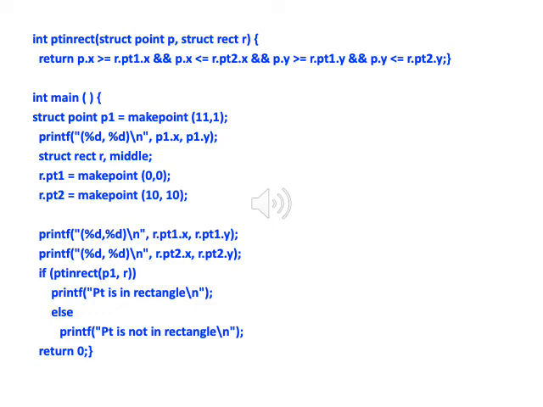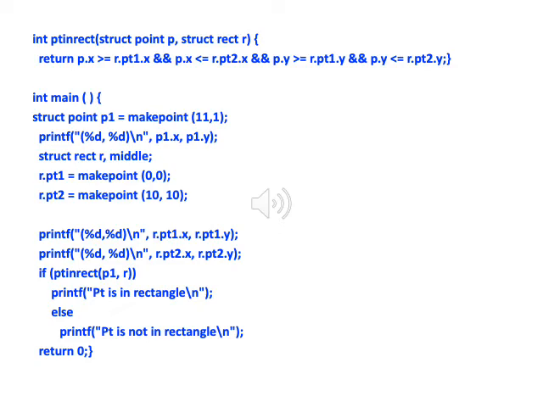So again, when we call make point with 11 and 1, what it will do is temp.x equal to 11 and temp.y is equal to 1, if you see from the previous slide, and then that temp value is going to be returned, and then here this will be equated to P1. So now just like with regular variables, we can do int x equal to y, so we can also do struct point P1 equal to point temp.